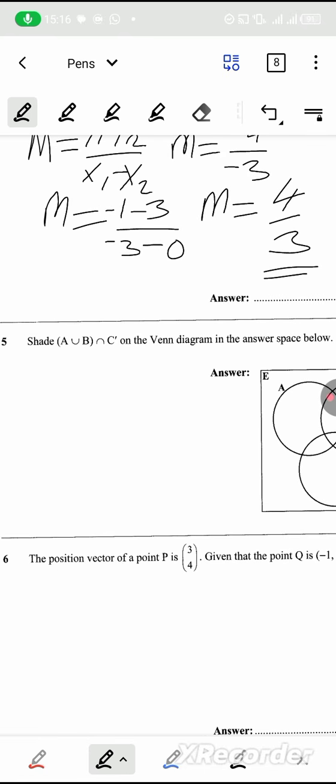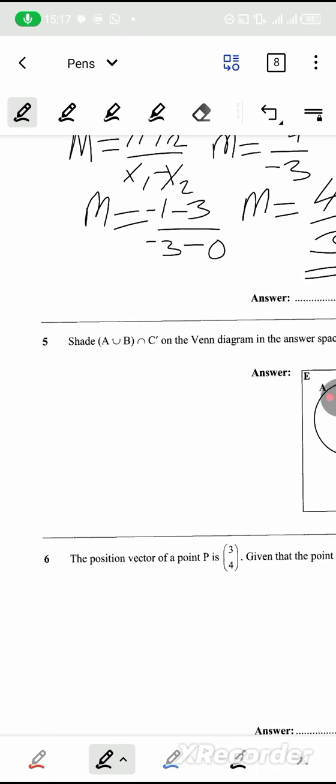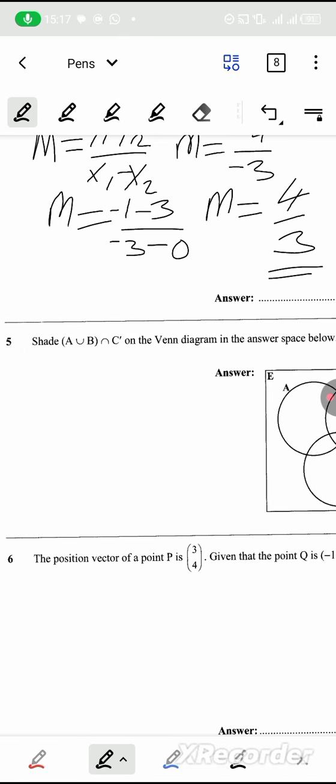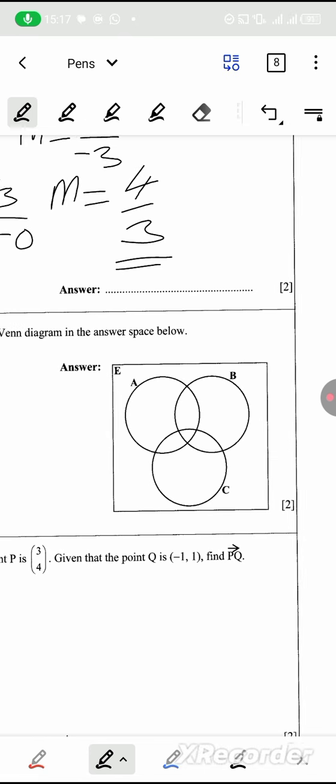Remember, complement is minus, meaning they are telling you to subtract. So A union B, when you remove the intersection with C, which is the complement, we remain with A union B. A union B is addition, so you have to shade A and B, except C. Because C is complement, we don't need to shade anything there.